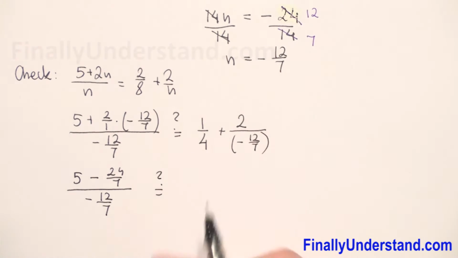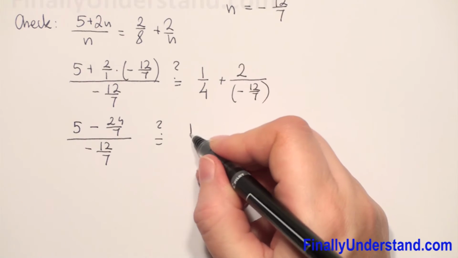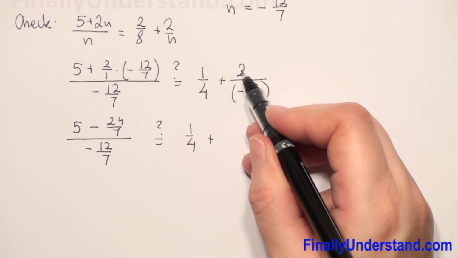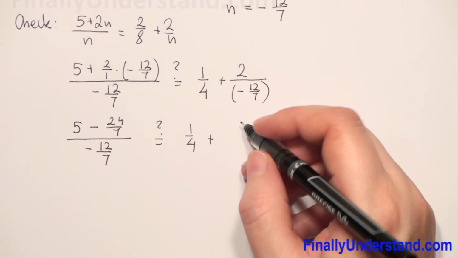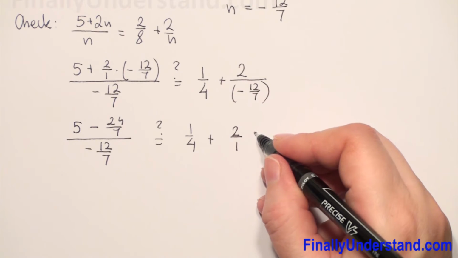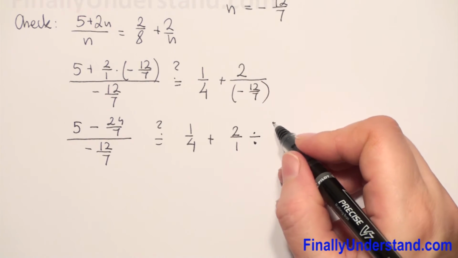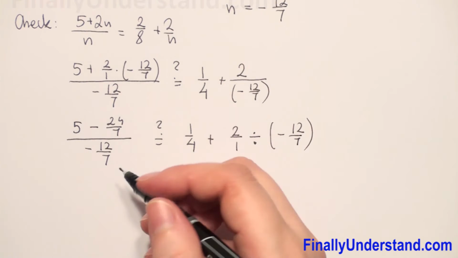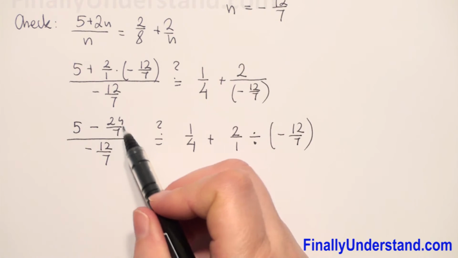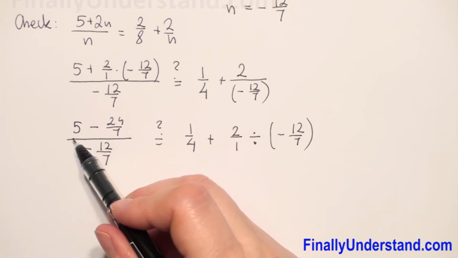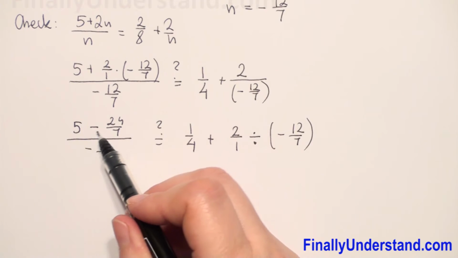This should be equal to 1 over 4 plus, and we have division. We have number 2, so we will change 2 to a fraction. We have a division sign and negative 12 over 7. Next I will change this to a mixed number because it will be easier to do subtractions.